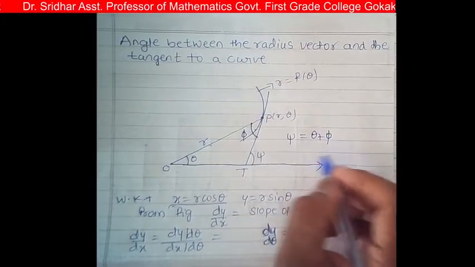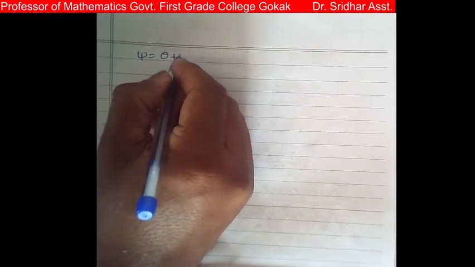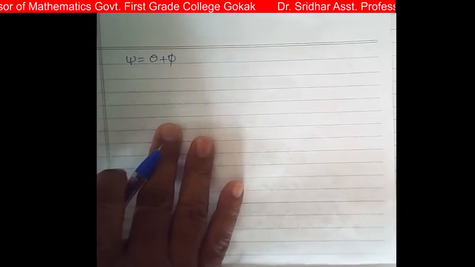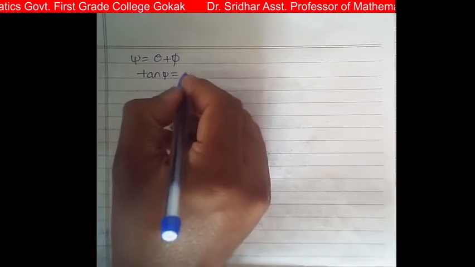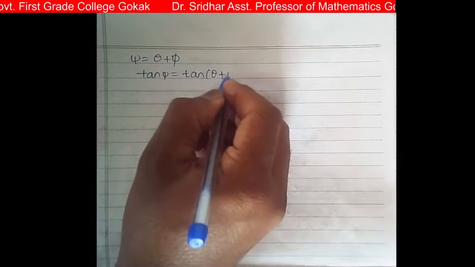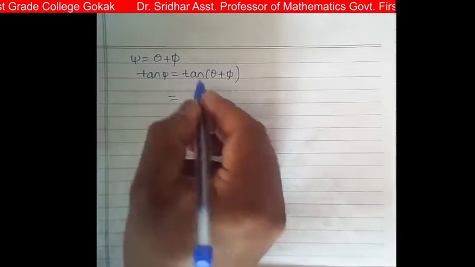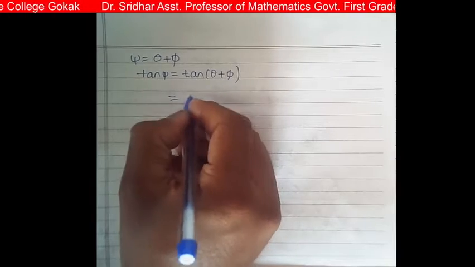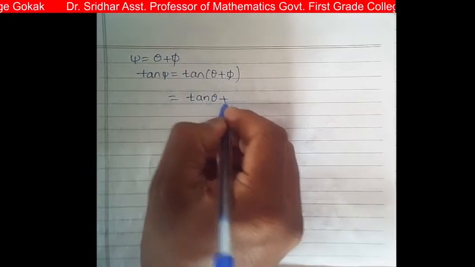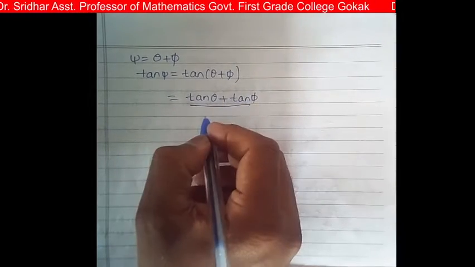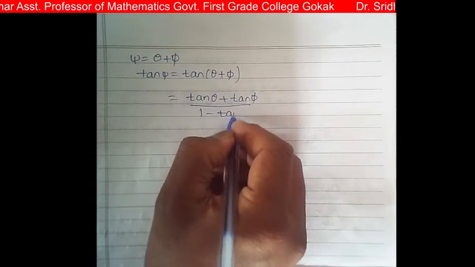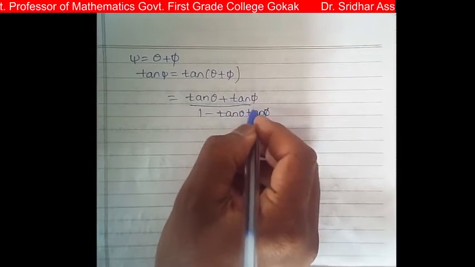So tan psi is equal to tan of theta plus phi, and applying the tan of a plus b formula, that is tan a plus tan b divided by 1 minus tan a tan b.